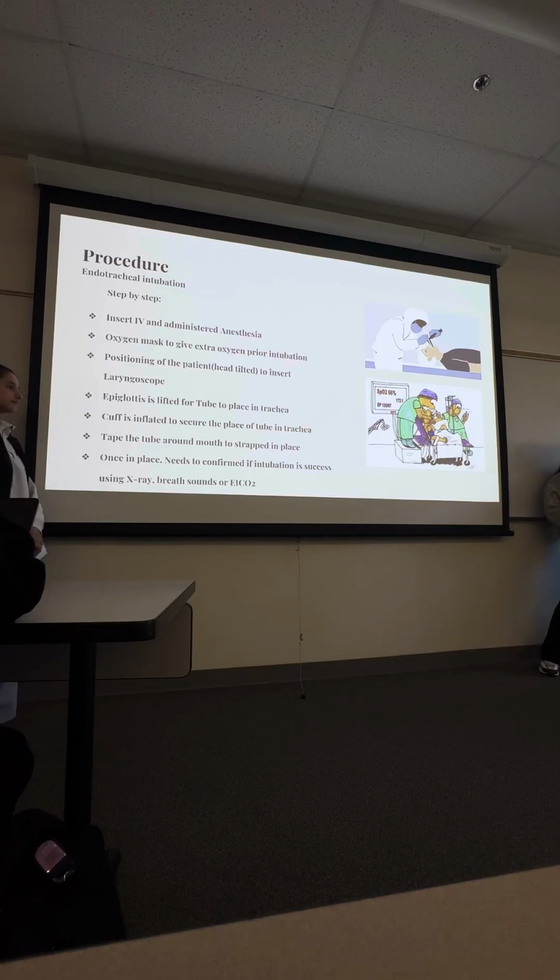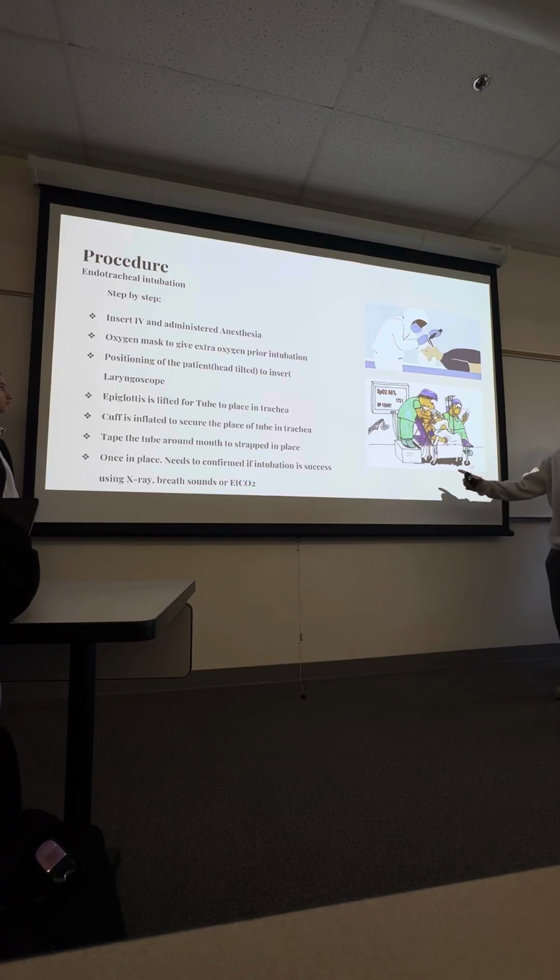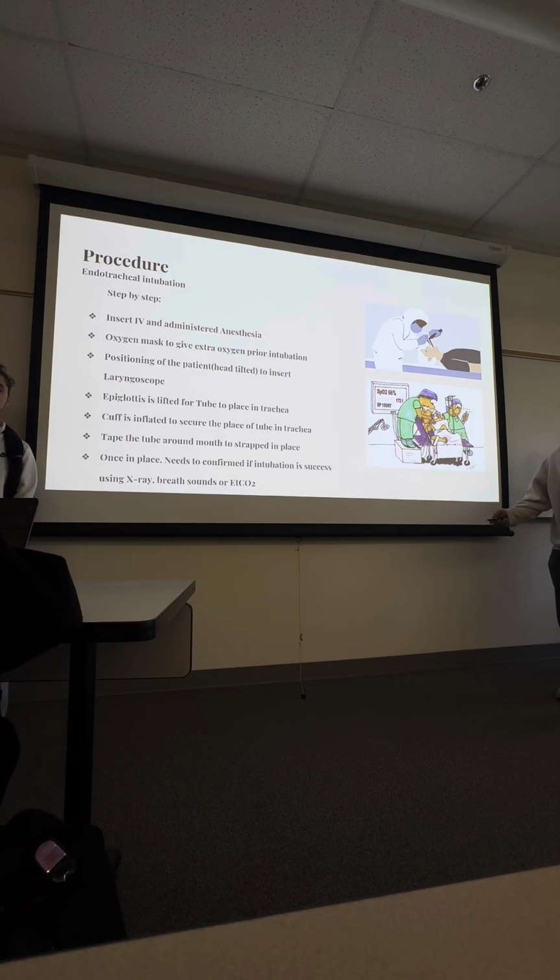So the procedure of endotracheal intubation, we do it step by step. First we insert the IV and administer the anesthesia so they don't feel anything during intubation, because it could be really painful. Step 2 is we give extra oxygen, because they may need more oxygen, prior to intubation.